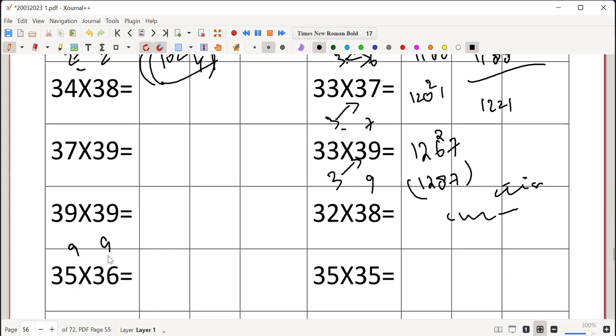39 into 39. 48. And answer 80. So you'll be getting the answer just like that.